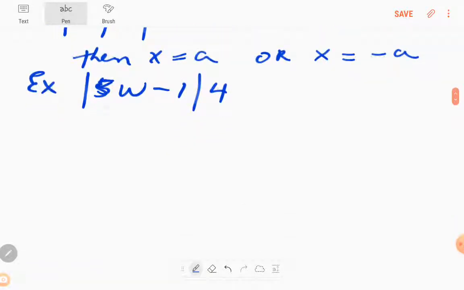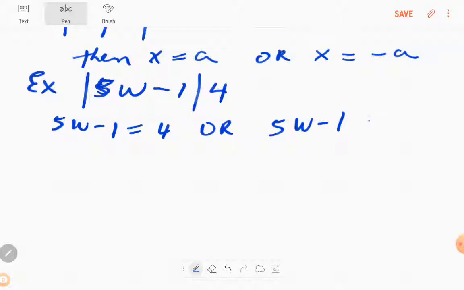So I can say 5w minus 1 is equal to 4, or 5w minus 1 is equal to minus 4. On the left hand side, adding 1 to both sides, I get 5w equal to 5. And then divide both sides by 5, I get w equal to 1.